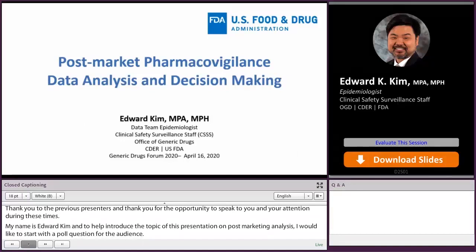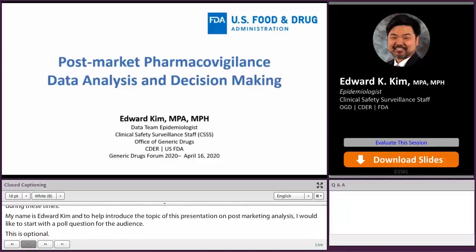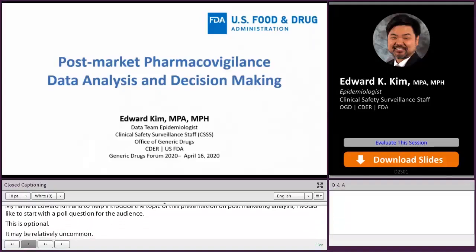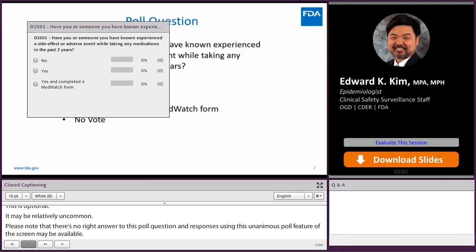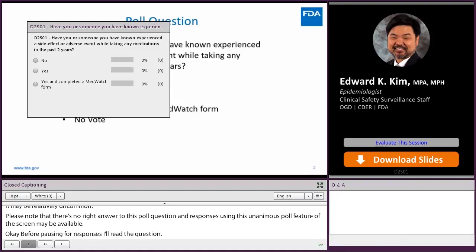Please know that there's no right answer to this poll question, and responses using the anonymous poll feature on the screen may be available. Okay, so before pausing for responses, I'll read the question. Have you or someone you've known experienced a side effect or adverse event while taking any medication in the past 2 years?